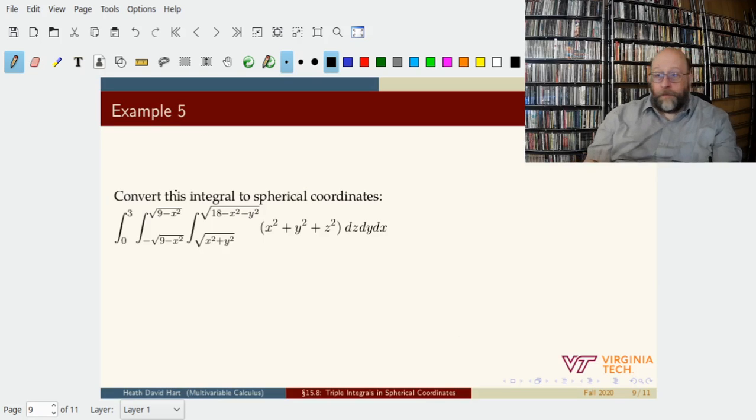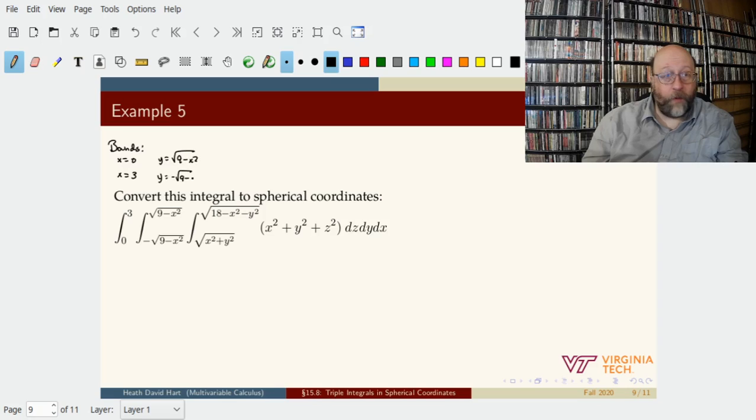Let's look at number 5. Let's convert this integral to spherical coordinates. This looks really messy in the way that it's been given to us. So to convert this, let's go ahead and write out what our bounds are. X goes from 0 to 3. Y goes from negative square root of 9 minus x squared to square root of 9 minus x squared.